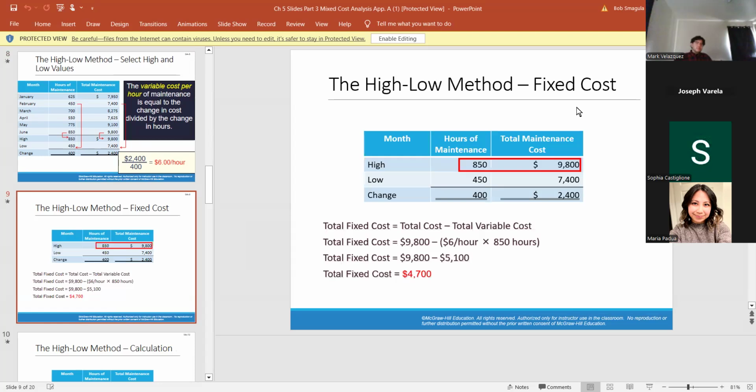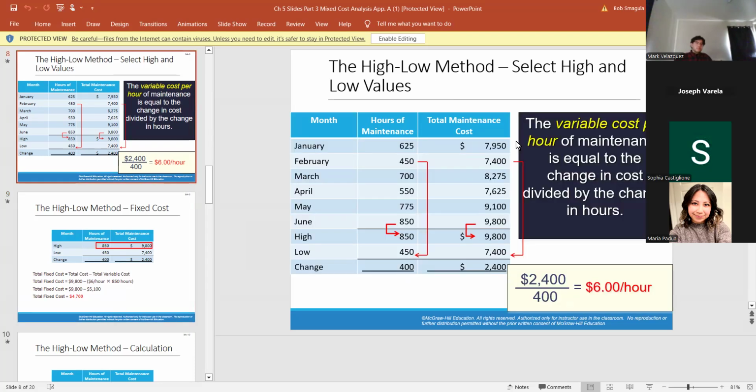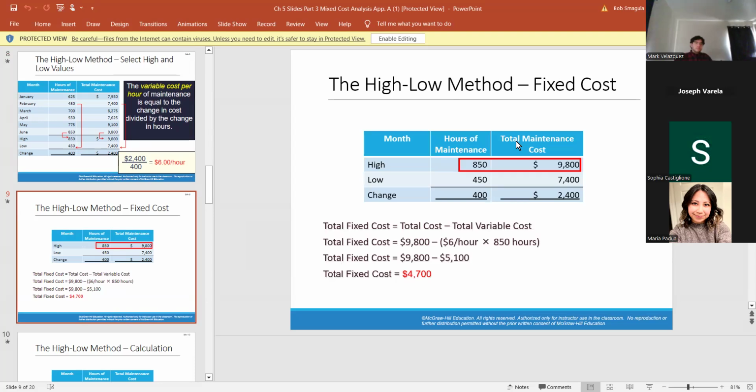And here they're showing the calculation. I wish they had done this over here, but that's right. High was 850, low was 450. Start with the dollars, though. Try to remember that. You start with the dollars, 98 minus 74 equals 2,400, divided by 400 is $6 each.